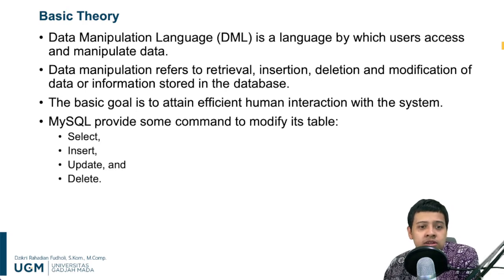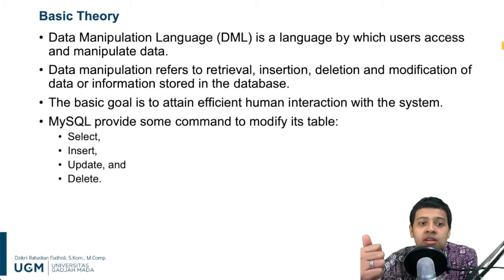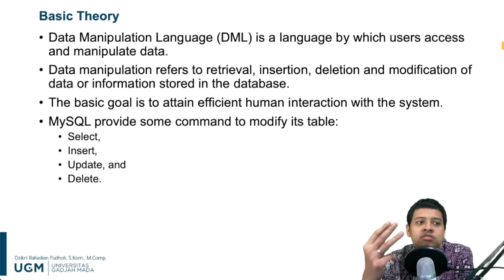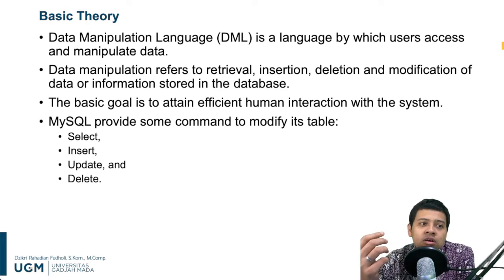Now we're going to learn about the basic theory of the data manipulation language. The data manipulation language, or DML for short, is a language by which users access and manipulate data. It refers to retrieval, insertion, deletion, and modification of data or information stored in the database itself.